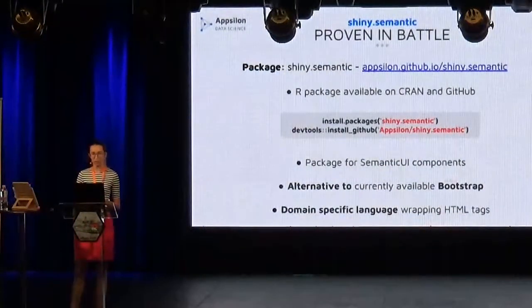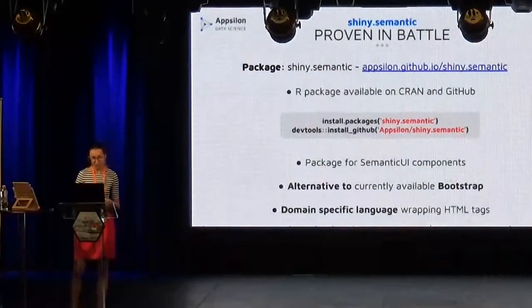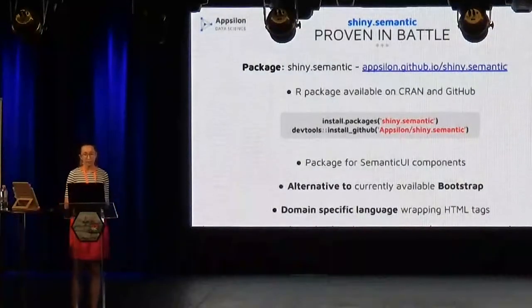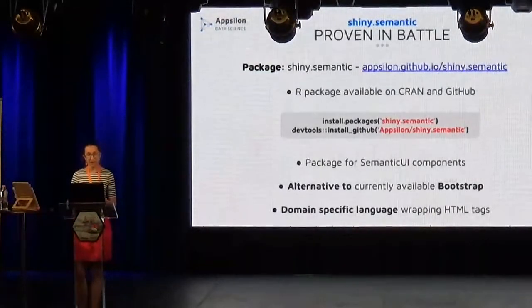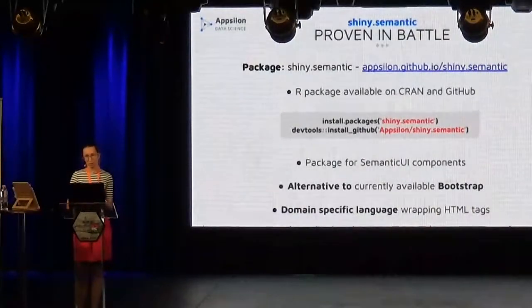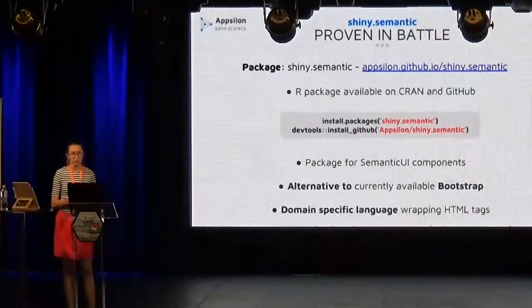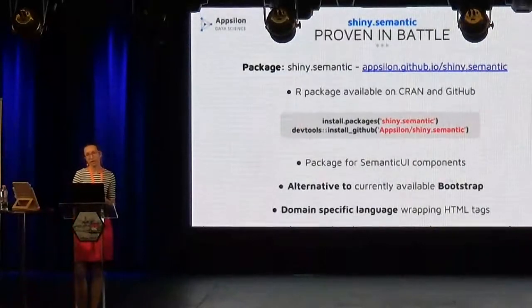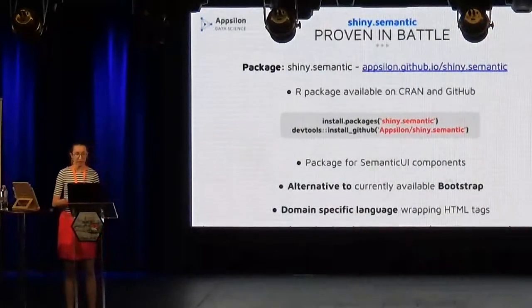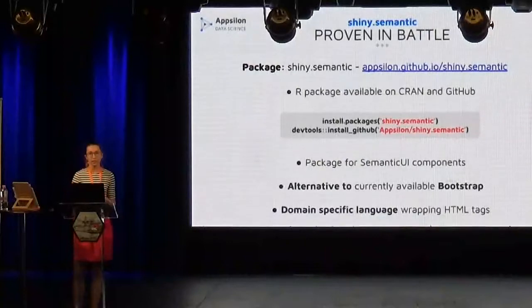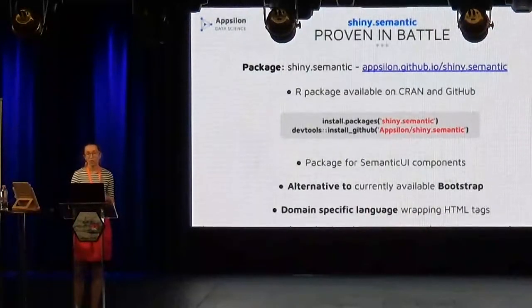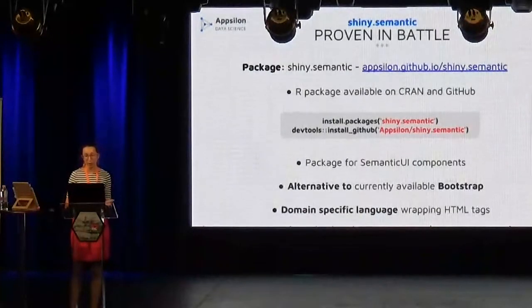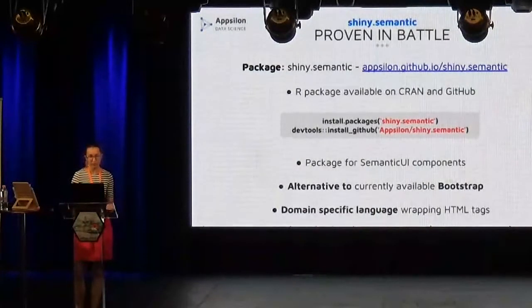It's available both on CRAN and GitHub, and it's a package that allows you to use Semantic UI components within R. It's an alternative to the currently available Bootstrap in Shiny, and both Bootstrap and Semantic UI are front-end component libraries containing HTML and CSS frameworks for UI components like buttons, forms, and so on.